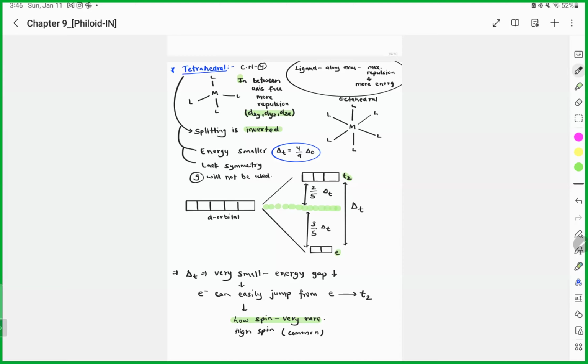Strong ligands cause pairing, meaning pairing energy is low, and weak ligands do not cause pairing because pairing energy is very high.